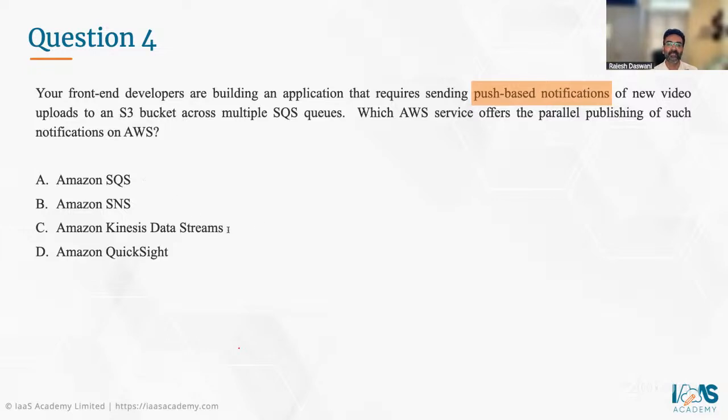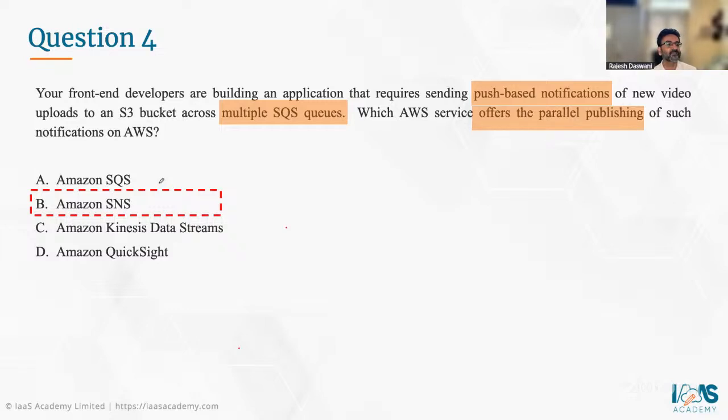And you want to send that notification across multiple SQS queues. It also offers parallel publishing. So it's going to be SNS, because you're saying you want a push-based notification messaging service, and SNS provides that for you. It's not SQS because SQS is a pull-based messaging protocol.